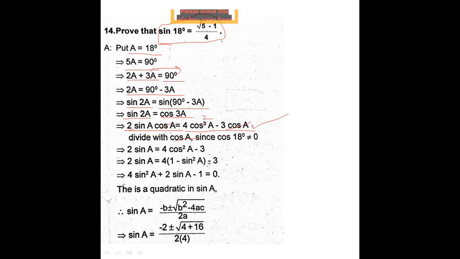If you divide the whole equation with cos A, because cos 18 is not equal to 0.